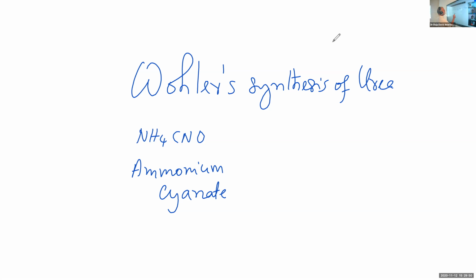And what happened, do you remember? Ammonium cyanide was converted, quite accidentally, into urea, CO(NH2)2. It was not a purposeful or intentional reaction. It was an accidental discovery. Majority of the discoveries are accidental.